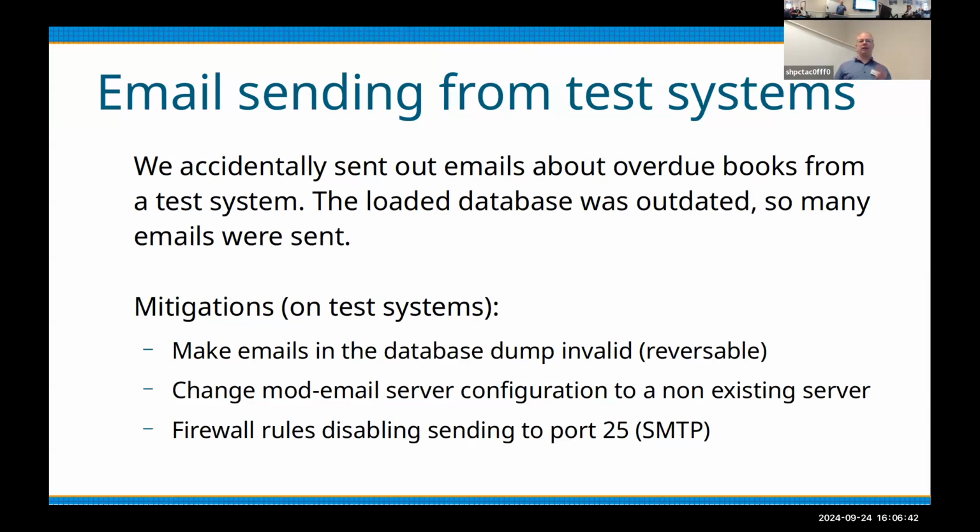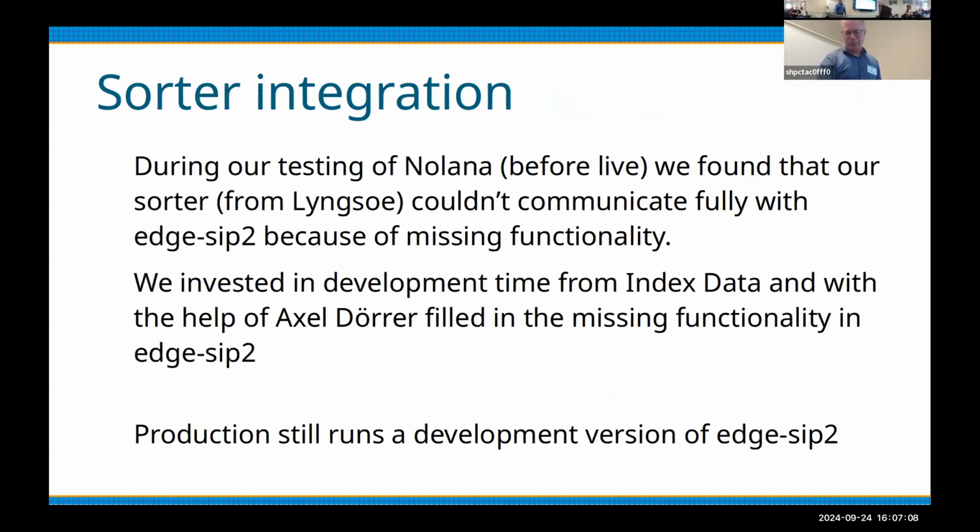We change the mod-email server configuration, so we point to a non-existing server. We get a lot of error messages, but we can handle that. And we have added firewall rules, so we can't contact the mail server at all from inside the cluster.